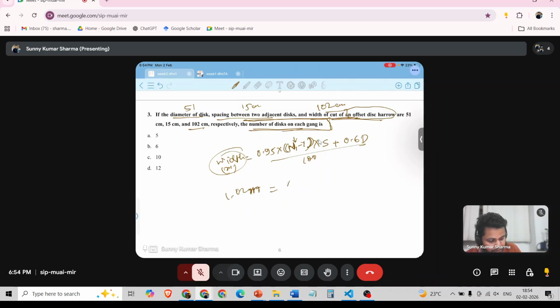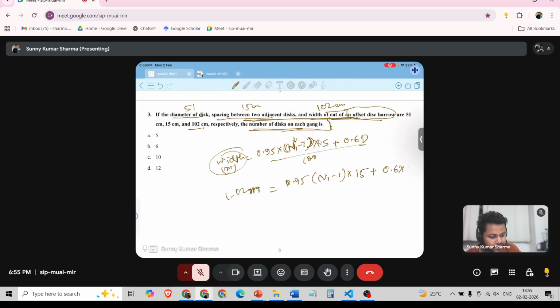Width of cut equals 0.95 into (n1 minus 1) into s, plus 0.6 into d. The diameter is 51, and s is the spacing, which is 15 centimeter.